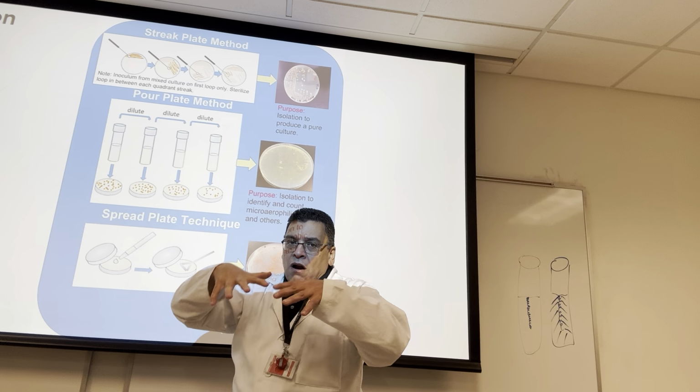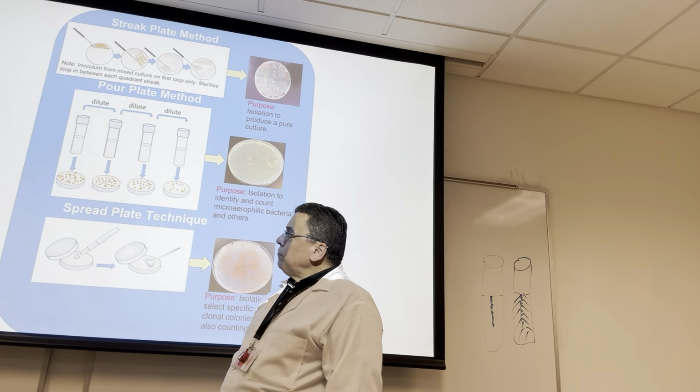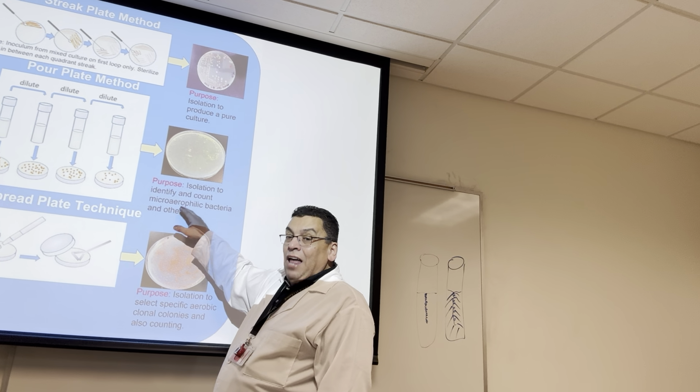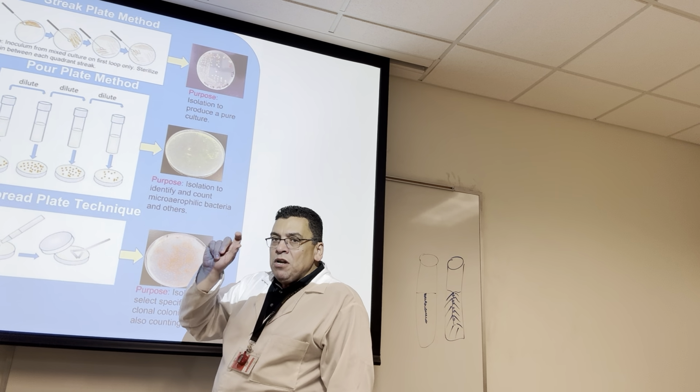It's those ones that are gonna grow. The surface bacteria will not grow. So this is used mainly when you're using microaerophiles, bacteria that like oxygen, but in small concentrations. 21% oxygen, which is atmospheric oxygen, is too high for them. It kills them.